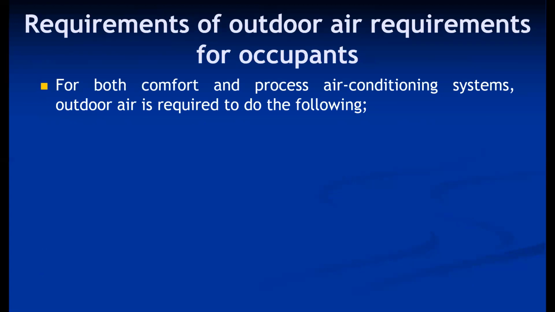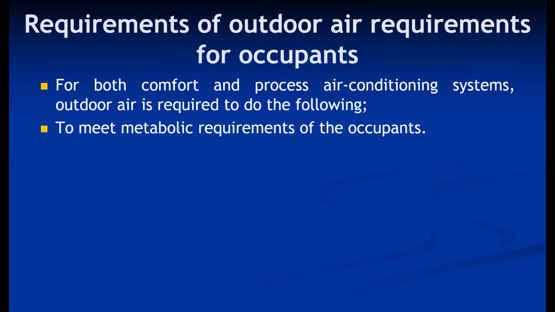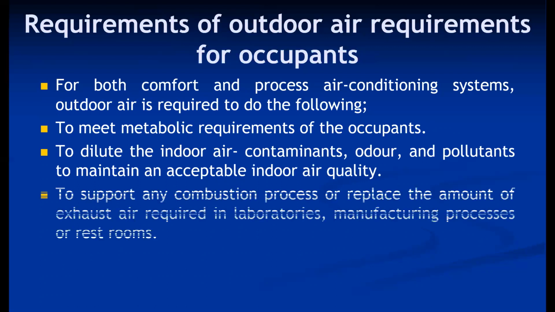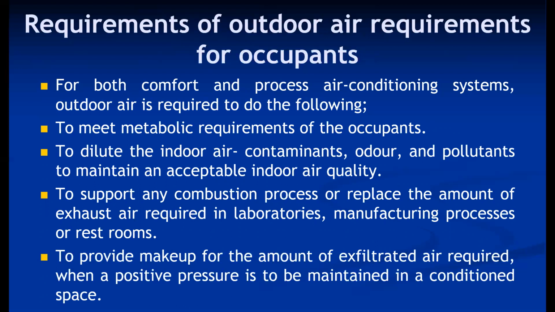Outdoor air is required to do the following: to meet the metabolic requirements of the occupants, that is the basic requirement of outdoor air; then to dilute the indoor air contaminants, odor, and pollutants to maintain acceptable indoor air quality; to support any combustion process or replace the amount of exhaust air required in laboratories, manufacturing processes, or restrooms; and to provide makeup for the amount of exfiltrated air required when positive pressure is to be maintained in the conditioned space. Especially for maintaining positive pressure, a larger amount of outdoor air is required.